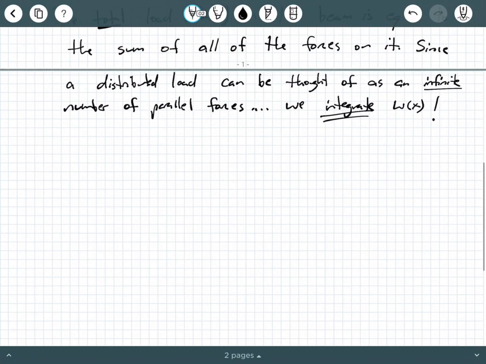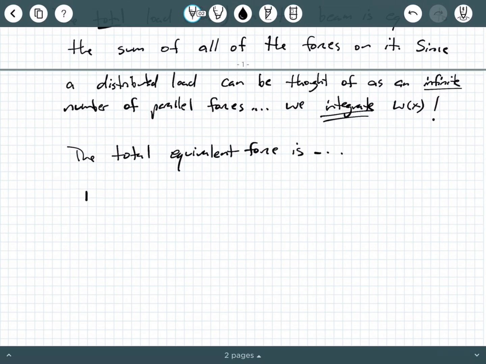Okay, so then we can say the total equivalent force is F equals the integral from 0 to the total length of the beam of W as a function of X dx.